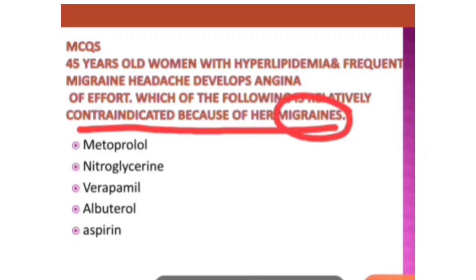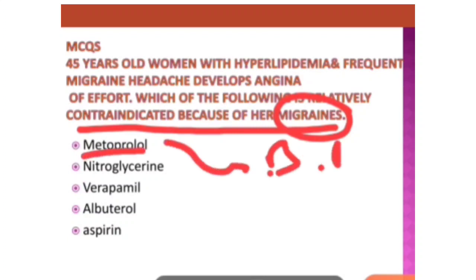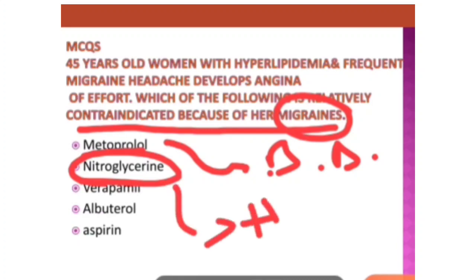First of all, go through the drug options. Metoprolol is a beta blocker drug. It is not related to migraine headache. It causes hypotension, bradycardia, and reflex effects. Then nitroglycerin is a drug used sublingually, but it causes a throbbing headache due to dilation of the meningeal artery.